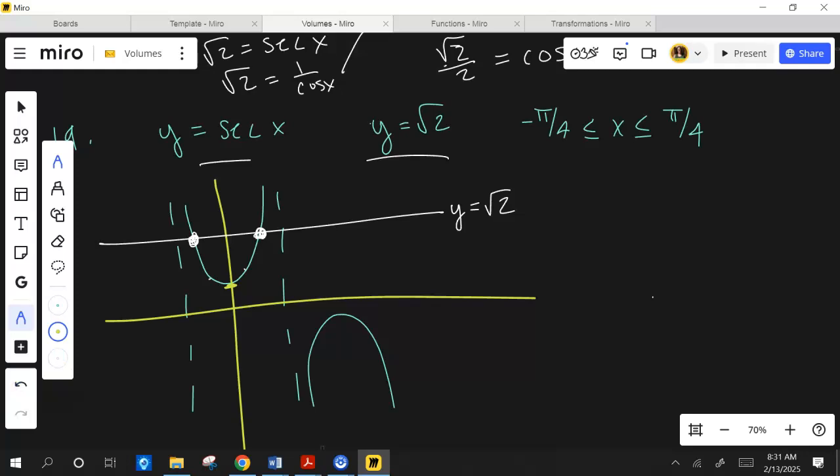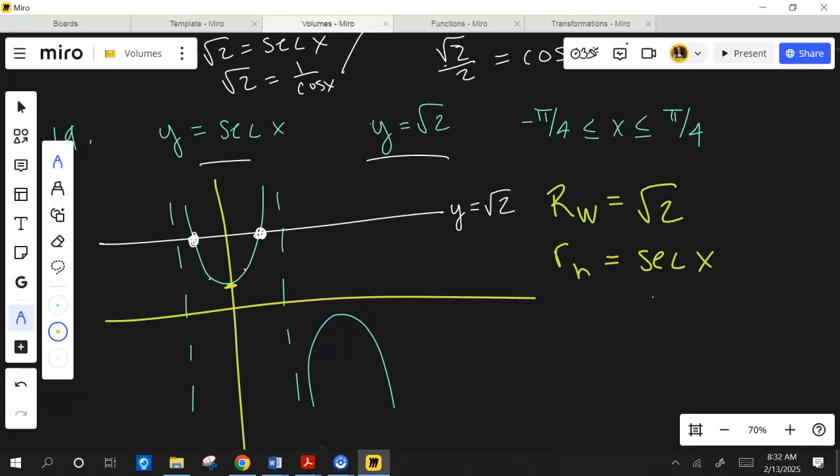Noah, you ready? Radius of the whole. What is it? This is not the gap, this is the whole thing. The whole is square root of 2. What is the whole? Secant x.